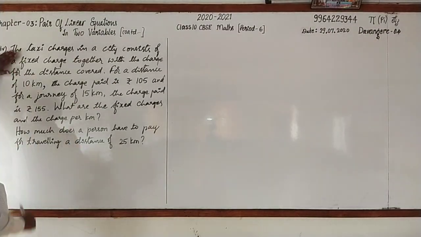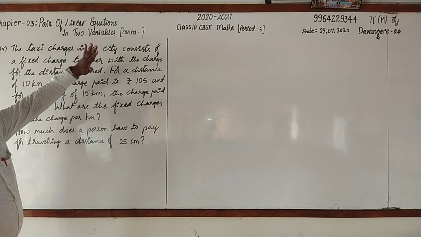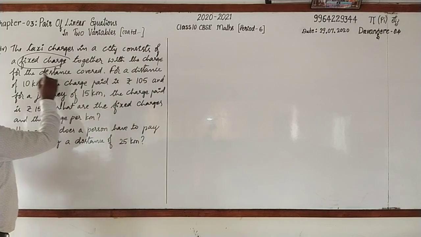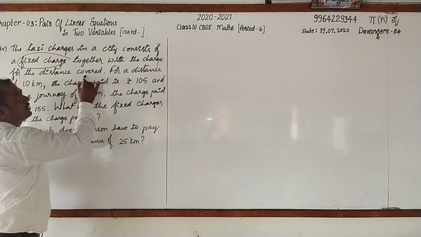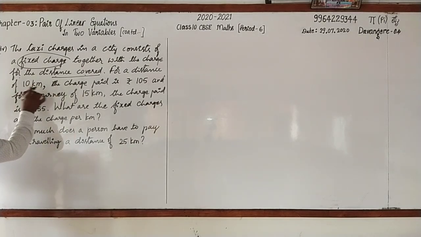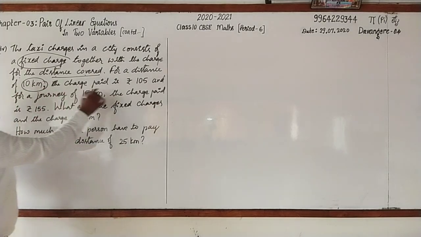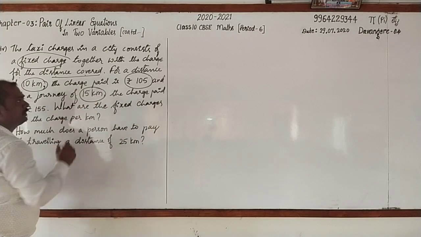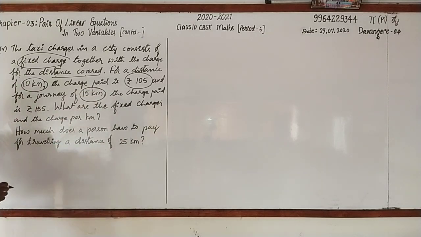Now this is fourth sub question. Observe this. The taxi charges in a city consist of one fixed charge together with the charge for the distance covered, and for a distance of 10 kilometer the charge paid is rupees 105, and for a journey of 15 kilometer the charge paid is 155.